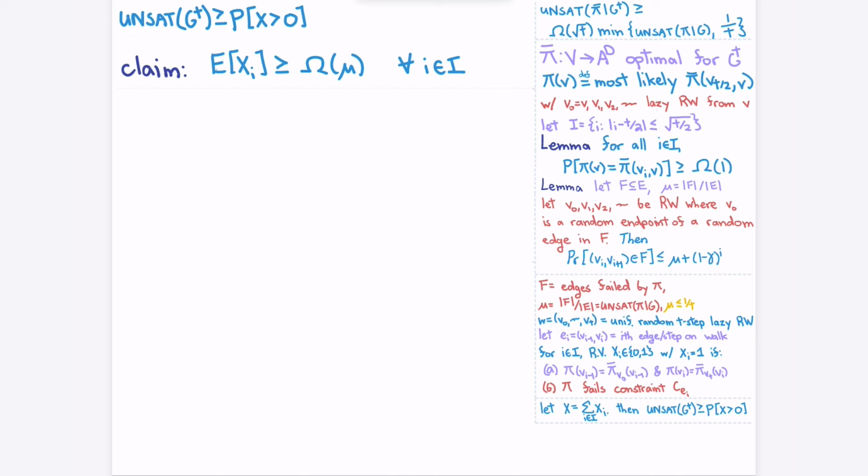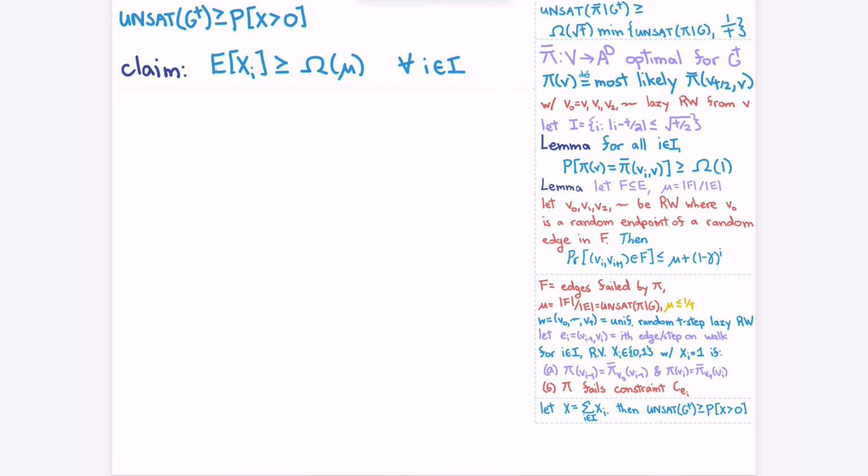So I think this is the right direction. This originally came from sampling a walk first and then looking at the ith edge. But what we could do is generate a walk like this, pick the ith edge first, and then walk I minus 1 steps over here and t minus I steps over there. That will still give me a uniformly random t-step walk. So first, you have a probability mu of getting a bad edge, and I is close to the middle.